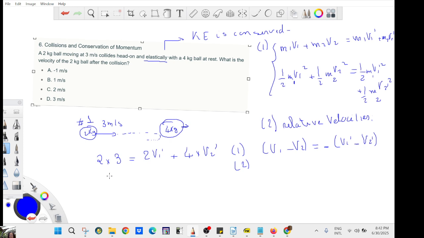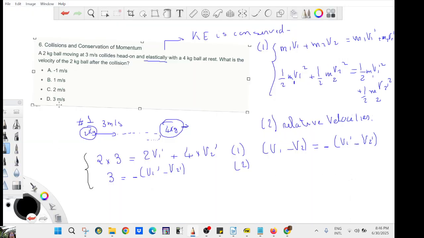So after, the relative velocity, v1 prime minus v2 prime, should be minus 3. We don't know those velocities, so you can play with those equations and solve, or you can look.